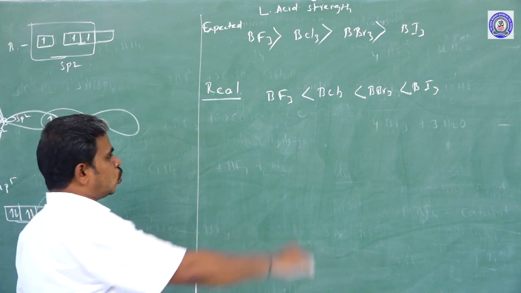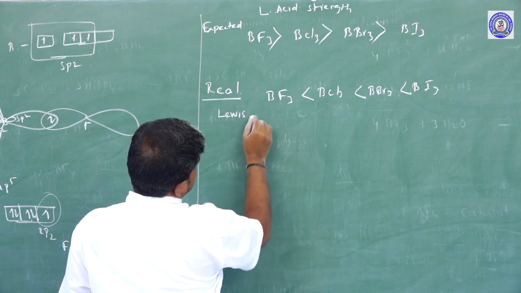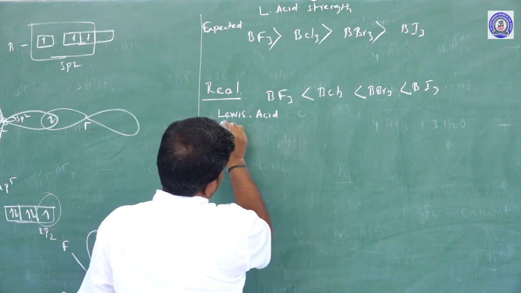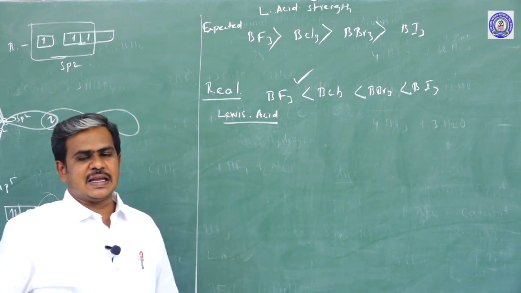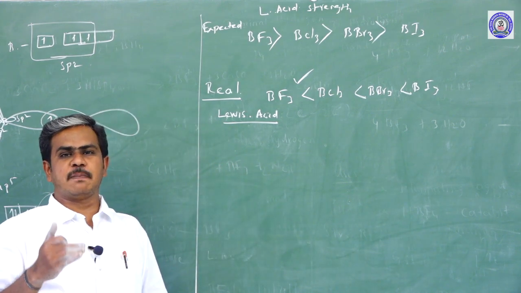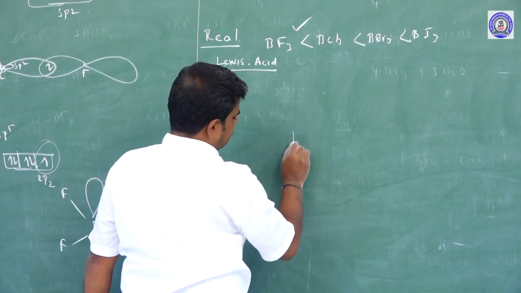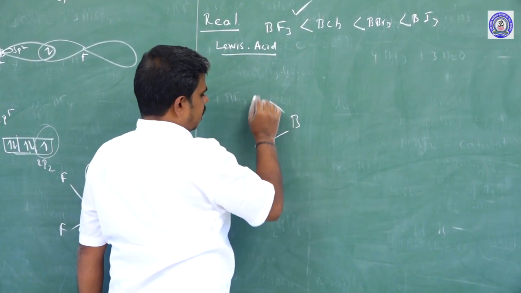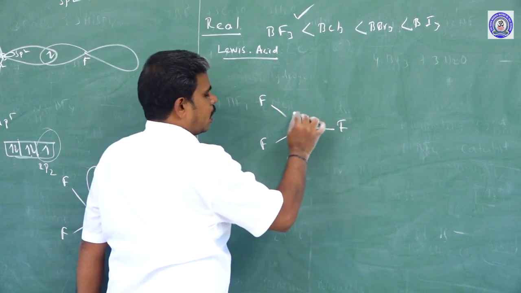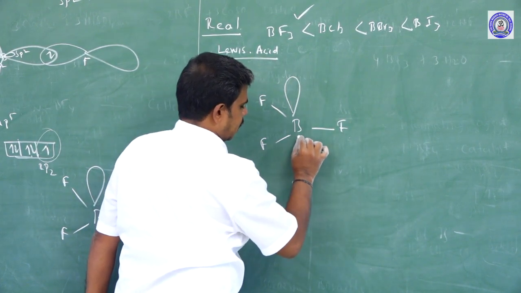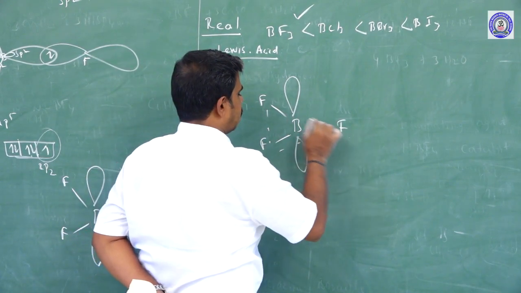The Lewis acid strength of BF3 is the least because of p-pi back bonding. In BF3, we have boron with three fluorines, and boron has a vacant orbital.